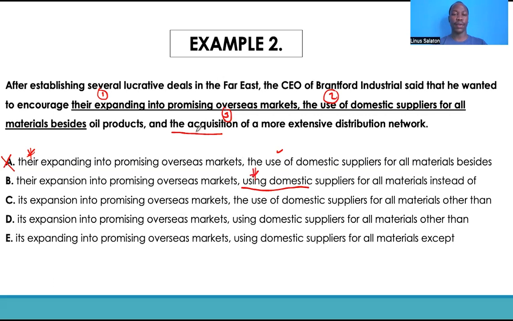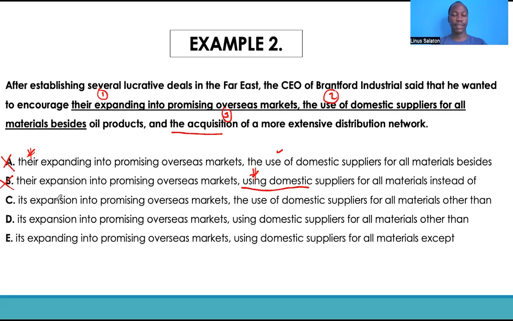The standard that should guide your understanding of the correctness of parallel structure would be the part that's outside the underlined section. Okay, so this part here that indicates and the acquisition of a more extensive distribution network. So the other sentence fragments should follow this construction. So for that reason, since it doesn't follow this construction, this answer choice is wrong.